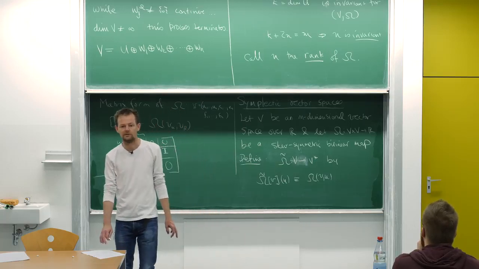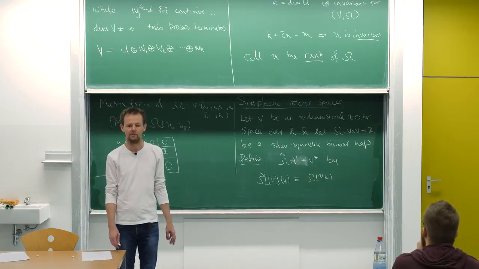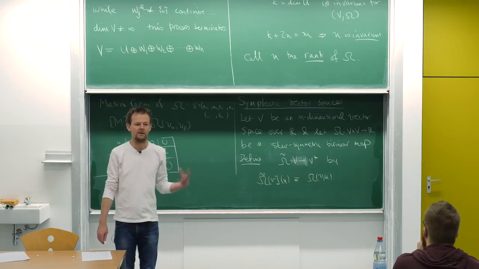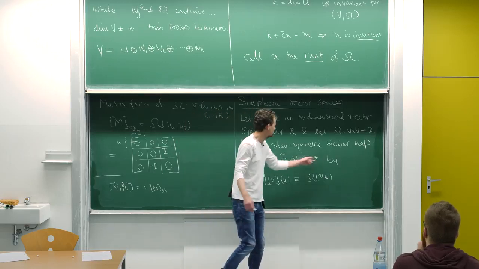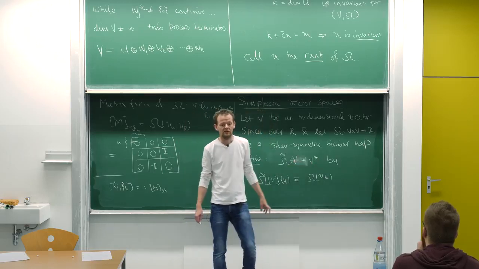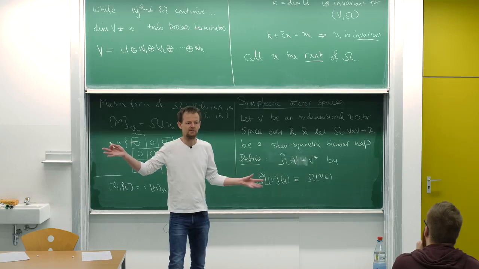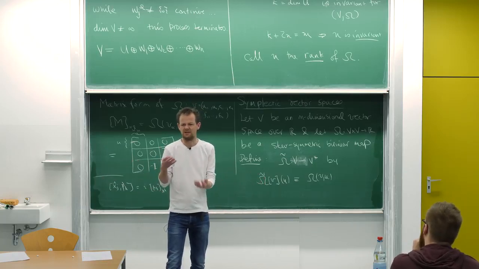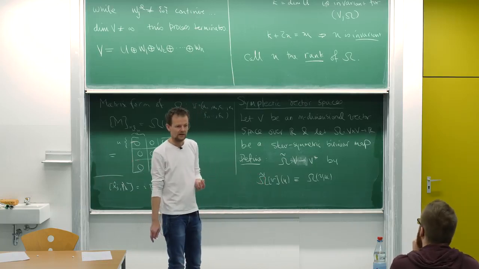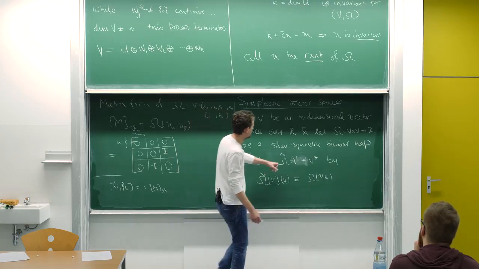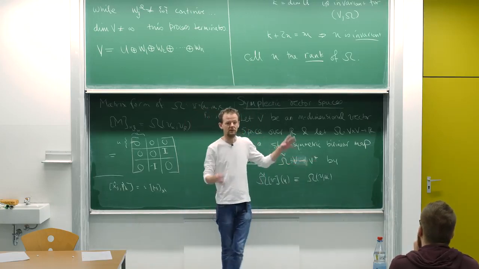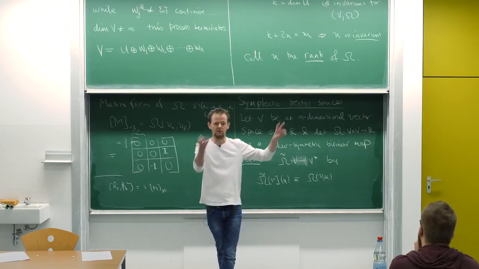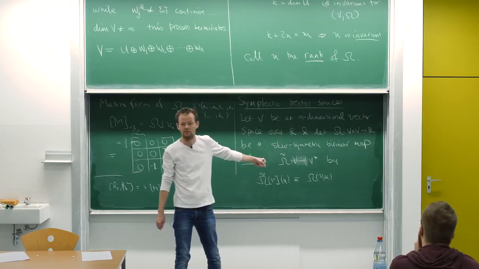There's no canonical identification, so you have to pick one. So usually when you do Riemannian geometry, you have some metric in mind, which is an inner product, and inner products give you a nice pairing between V and V star. This thing is like an inner product, sort of an anti-symmetric inner product, and it does indeed also furnish us with an identification between V and its dual. We're going to try and mimic the whole Riemannian story, but with these skew-symmetric maps.